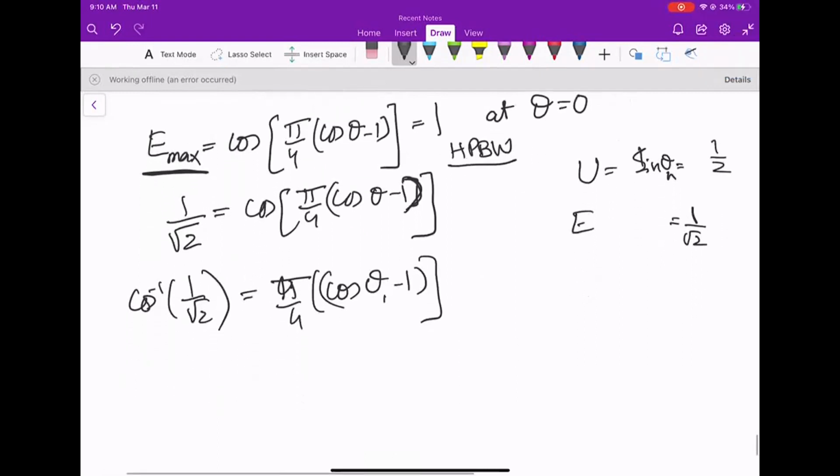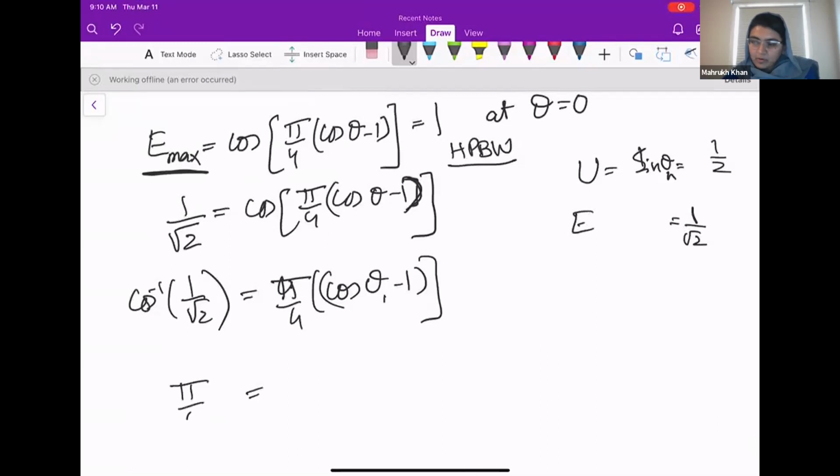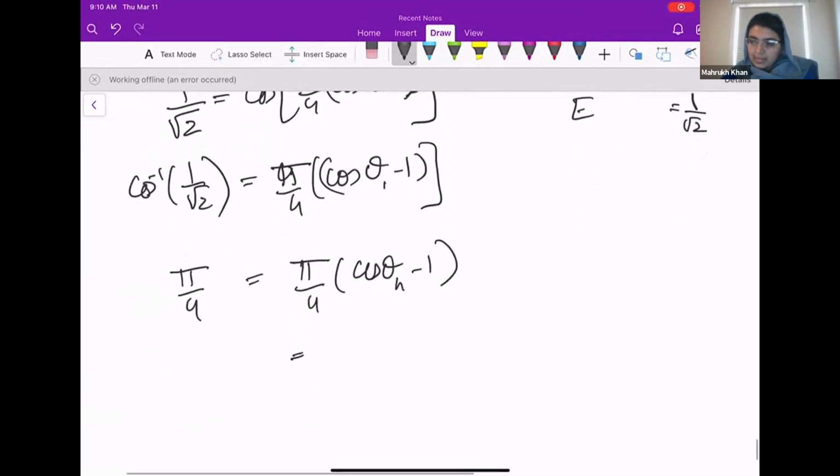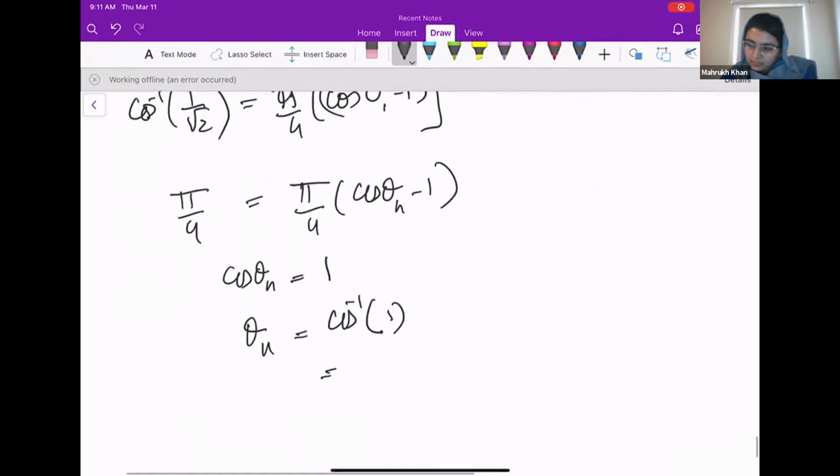Okay. So this is pi by 4 cos theta, maybe this is the half power point. And then you have cos theta h, and you can say theta h is equal to cos inverse. Okay, is it fine?